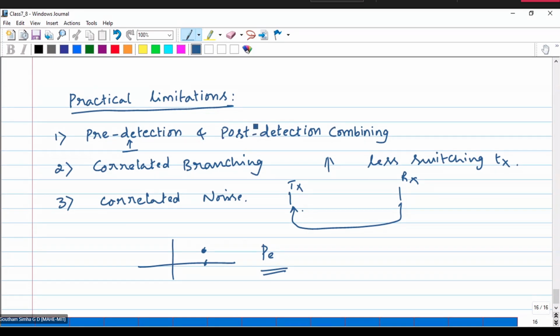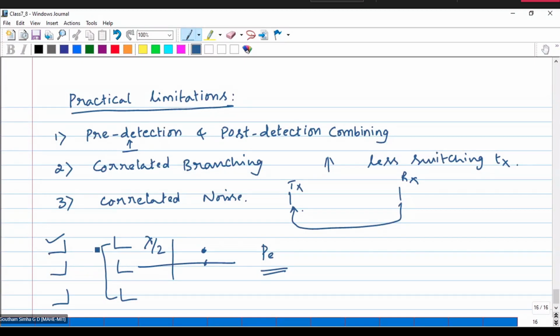Correlated branching deals with what kind of transmitter diversity or receiver diversity you are planning to implement. Let's say you have only one active transmitter and 3 active receivers. If these receivers are not separated by a distance of lambda by 2, then you have correlatedness.